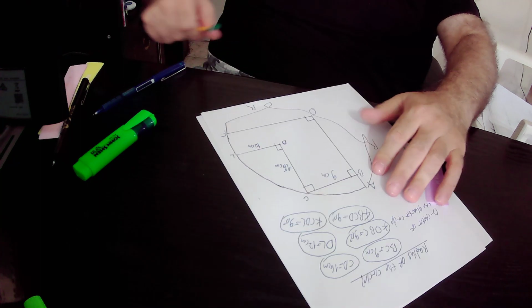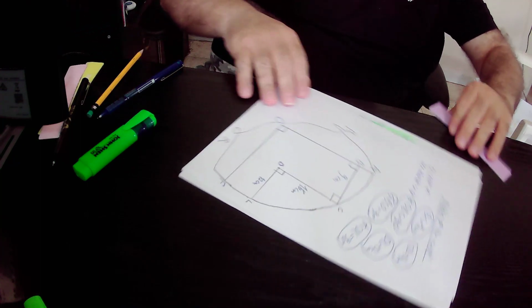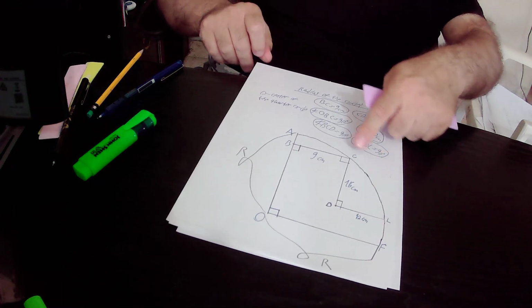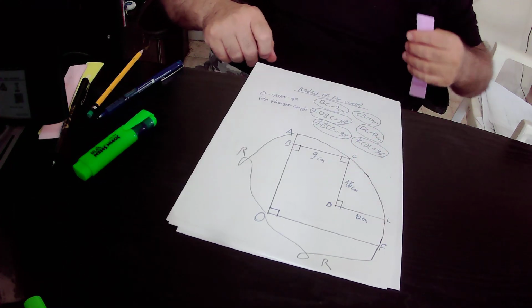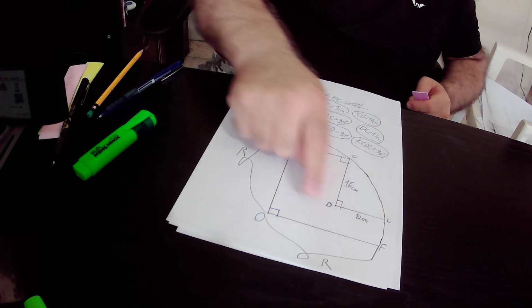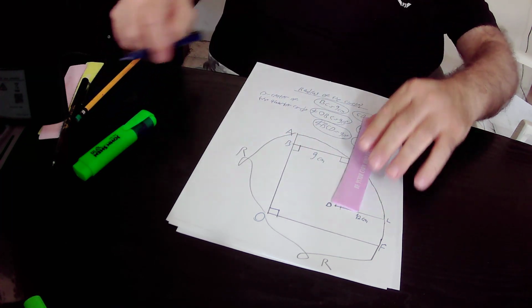In the next step, we will extend line segment CD by a straight line until it touches the radius of the circle OF.